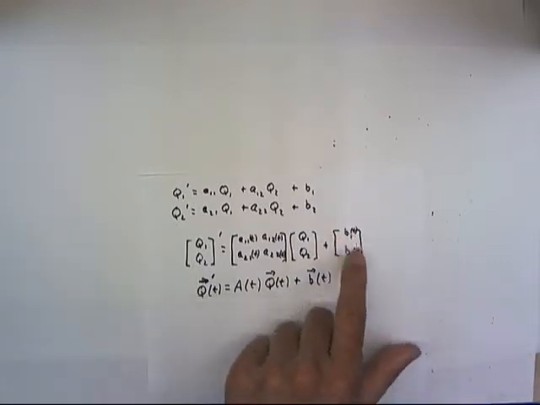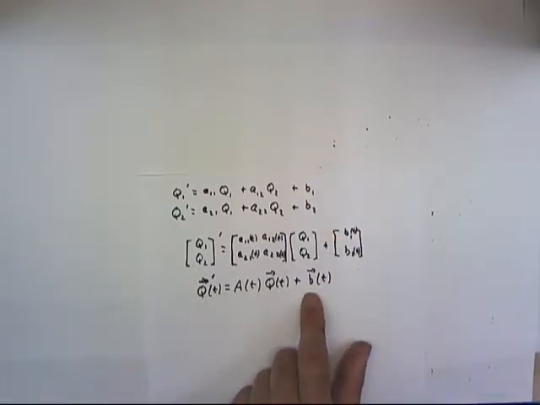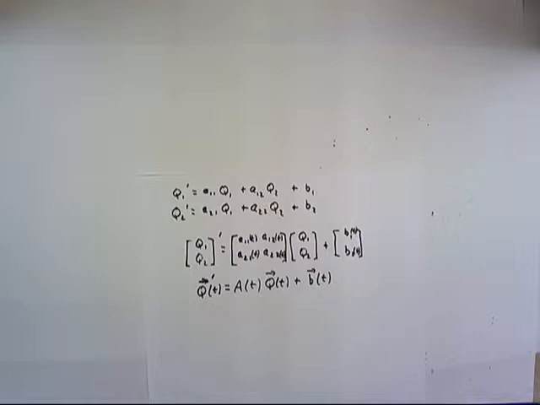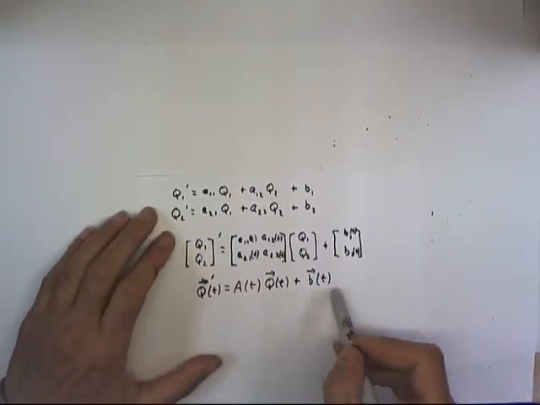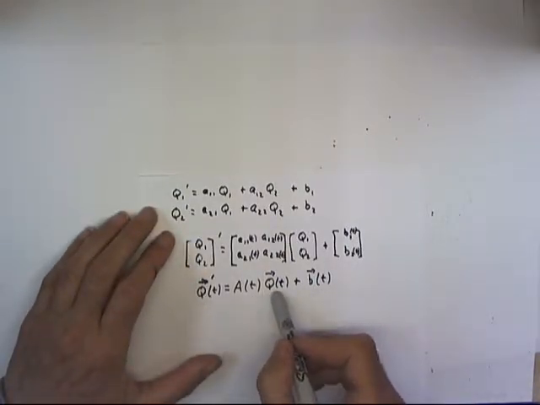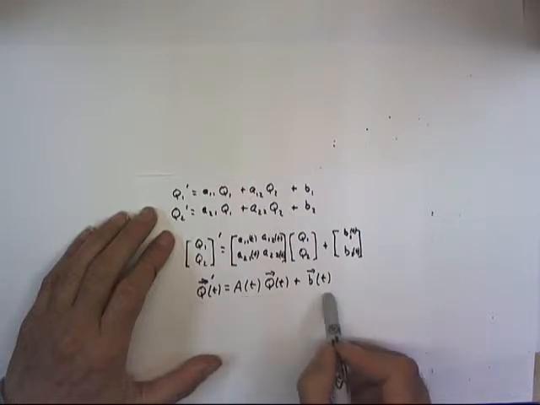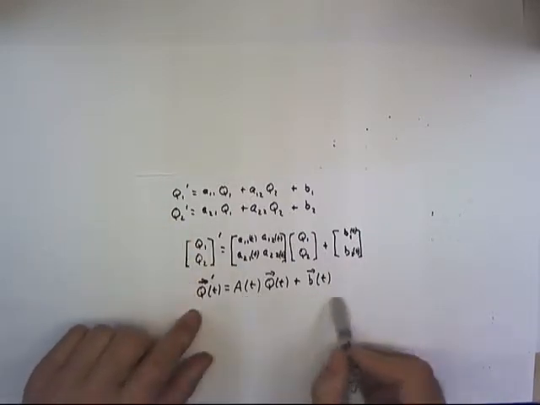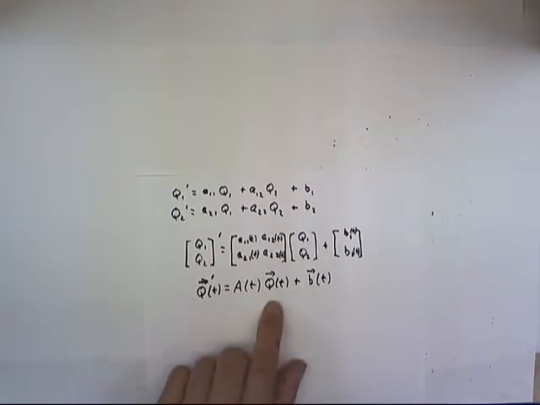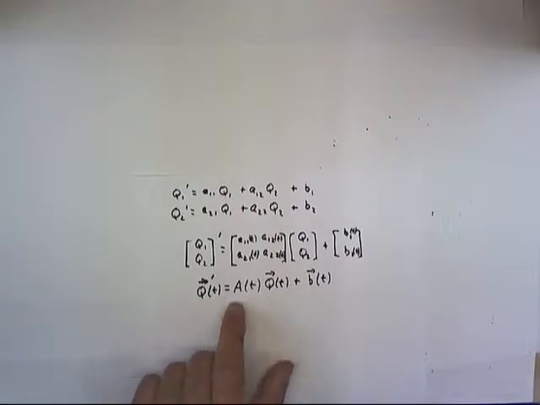And then I'm going to write this column vector as the B of t vector, so that now the system of equations is written as a vector equation in which the Q of t vector is multiplied by a matrix. Now this is just a notational convenience, but as we're going to see, we can pull a lot of machinery out of matrix algebra to make the solution of this sort of system a lot simpler.